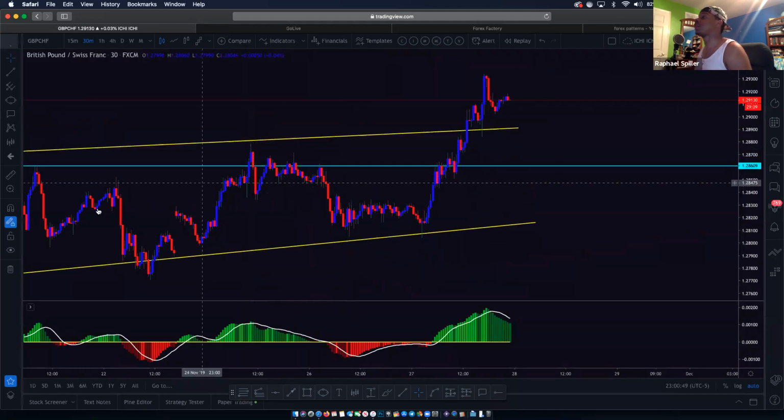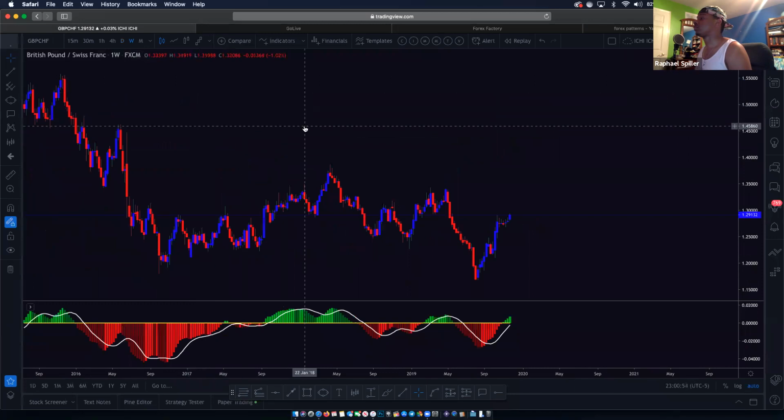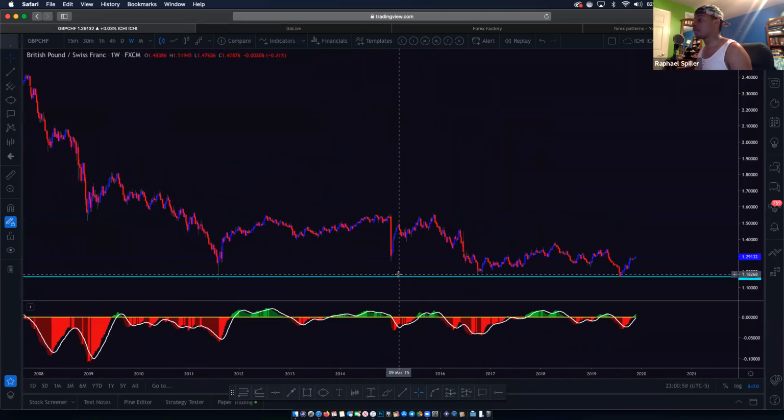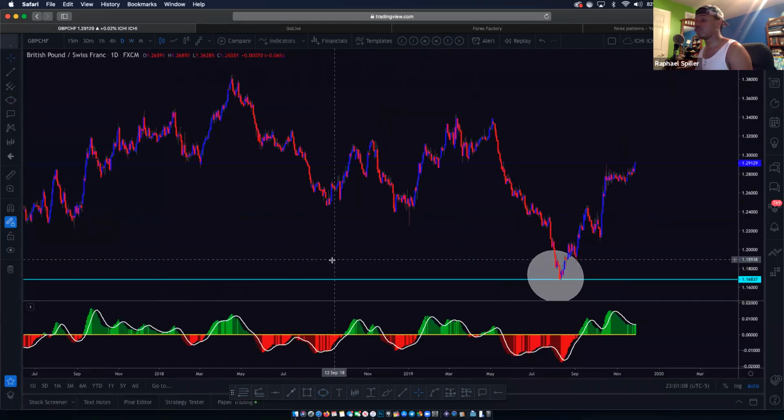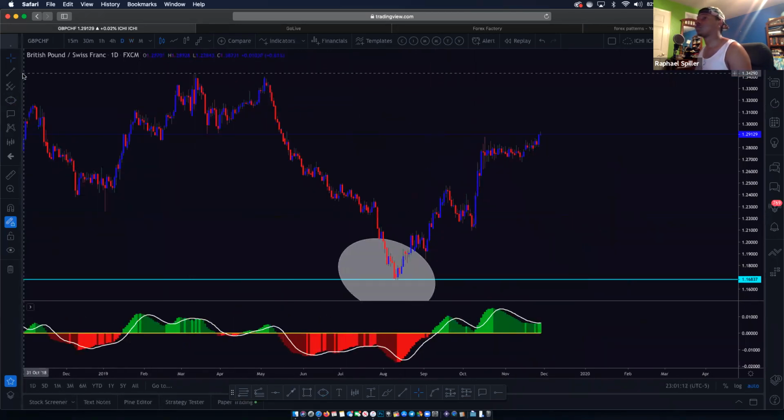So GBP CHF. GBP CHF, we definitely hit this level here. And we have touches here in this area. Very strong level.